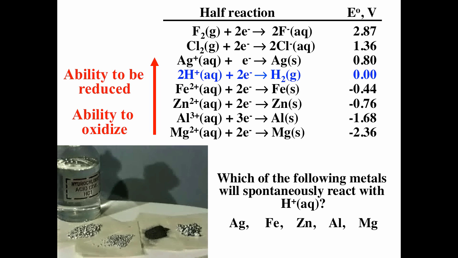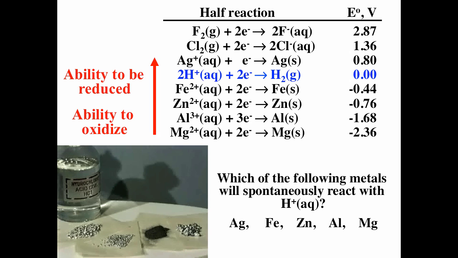Another interesting question that we could ask ourselves is which of the following metals will spontaneously react with hydrogen ions? With any strong acid, you form hydrogen ions. The reduction potential for hydrogen ions plus 2 electrons going to hydrogen gas is 0. So basically the question is which of the oxidation potentials, when we add them to the hydrogen ion potential, gives us a positive potential.